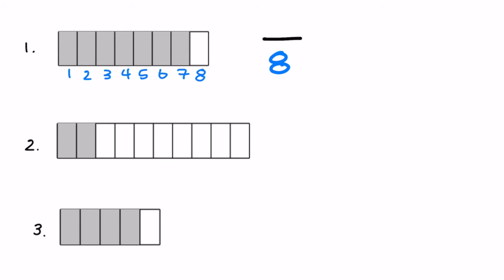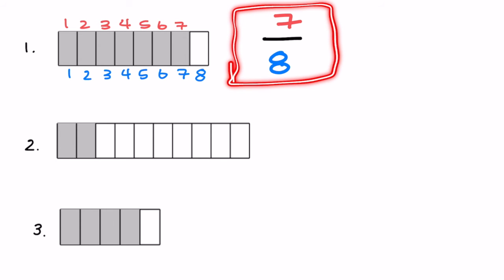Our numerator is 1, 2, 3, 4, 5, 6, 7. So let's put a 7 there. And there's our fraction. So for the first one, you should have gotten 7/8.